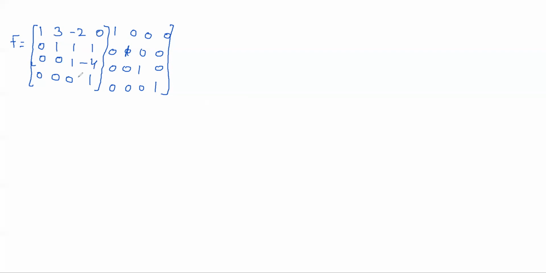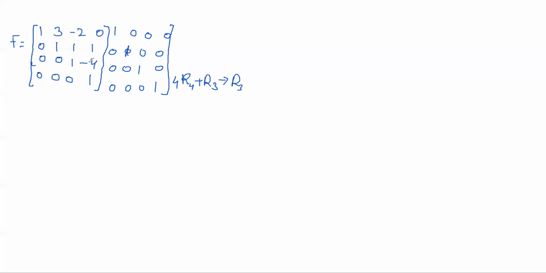So our row operations will start from row number 4: 4 times row number 4, added to row number 3, will be the new row number 3.